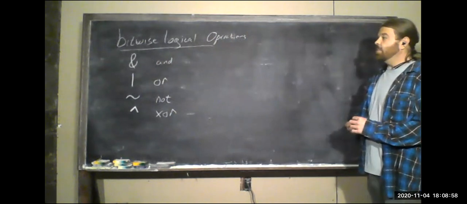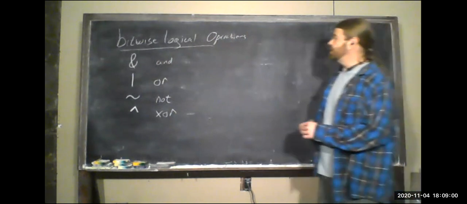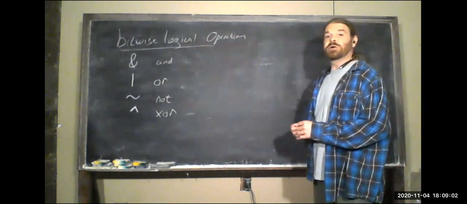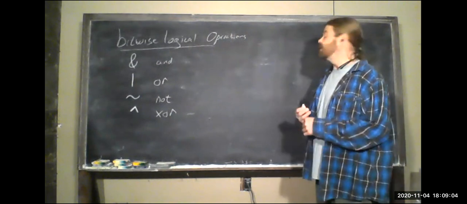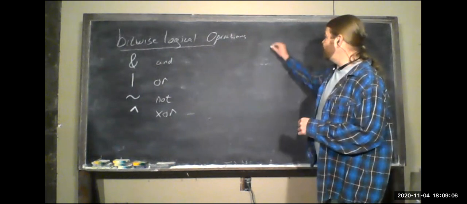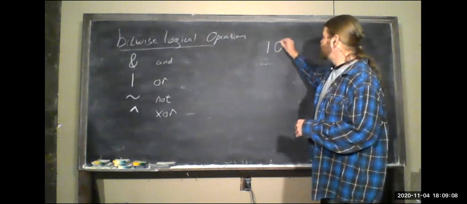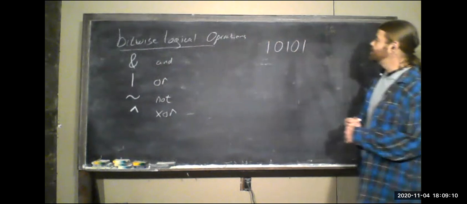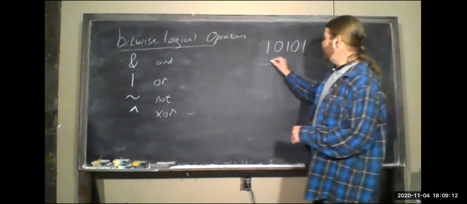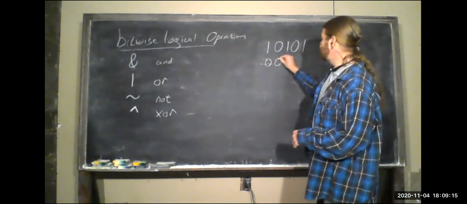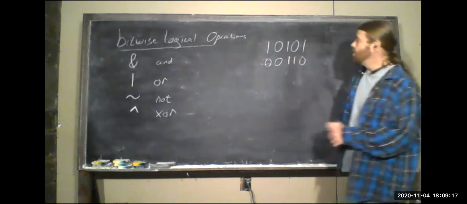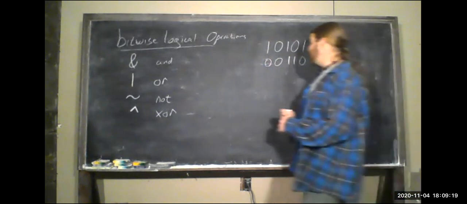And bitwise logic is a little bit different because it will compare bit for bit, just like the name implies. So if we have two binary numbers, 10101, I'll just make a couple up here, and 00110, we have two things we want to compare with an and.